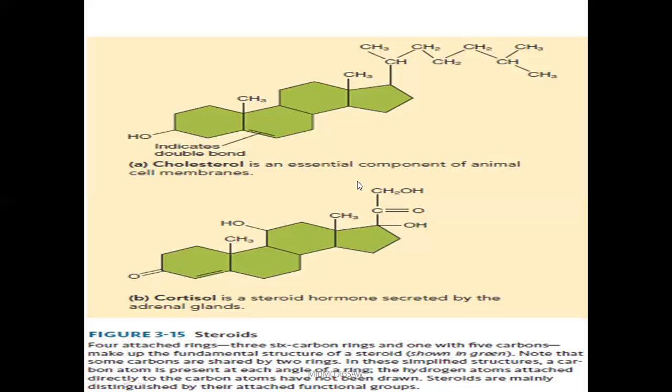We have this chain in cortisol, while we have this structure in cholesterol. This is the isoprenoid chain. So this is how you distinguish the different steroids.